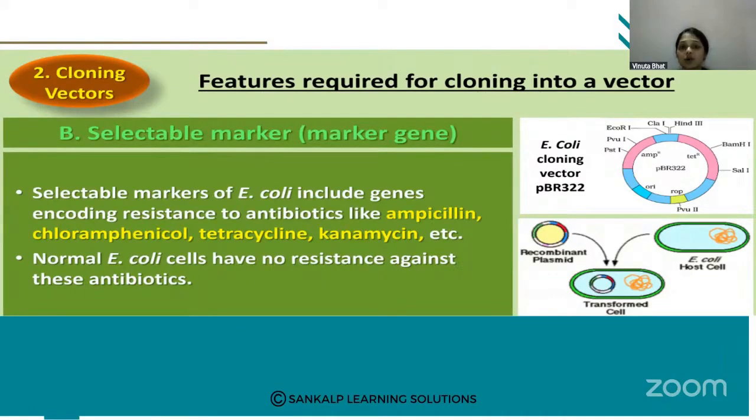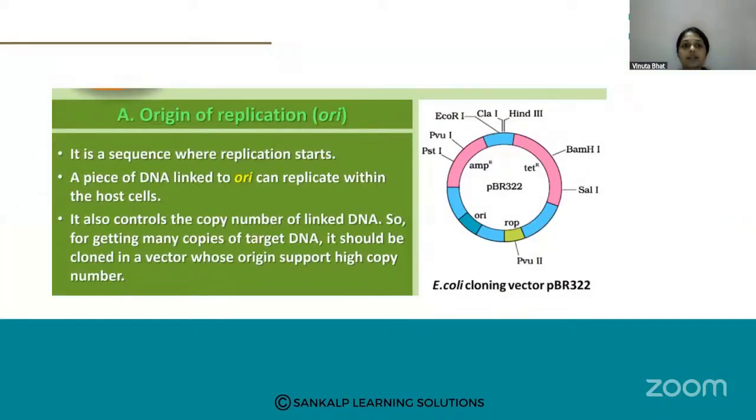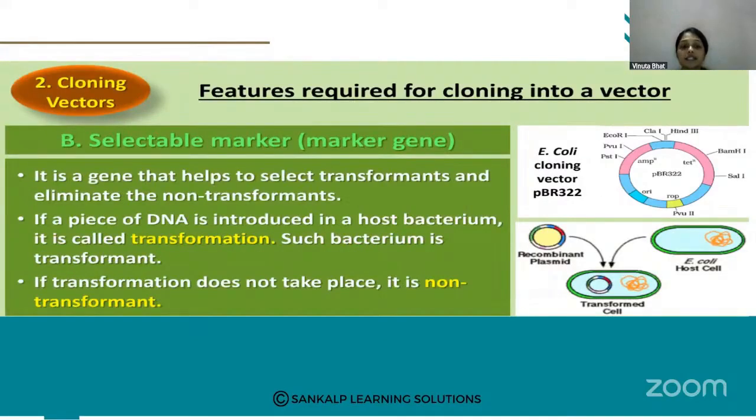The features of the cloning vector are very important, so I repeat this once again. It has different sites: the origin of replication, ORI, which is where the replication begins. Then the marker genes, selectable markers, which means we can select the recombinant and non-recombinants.